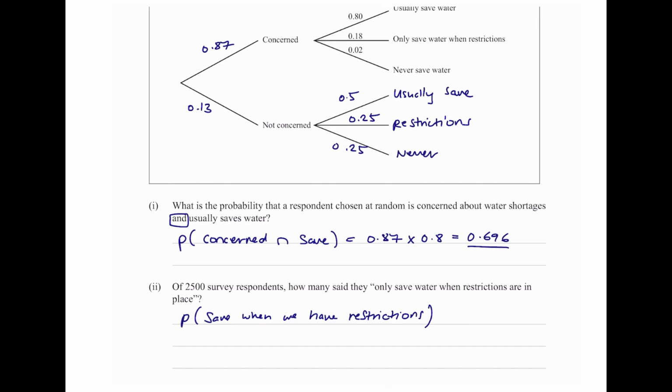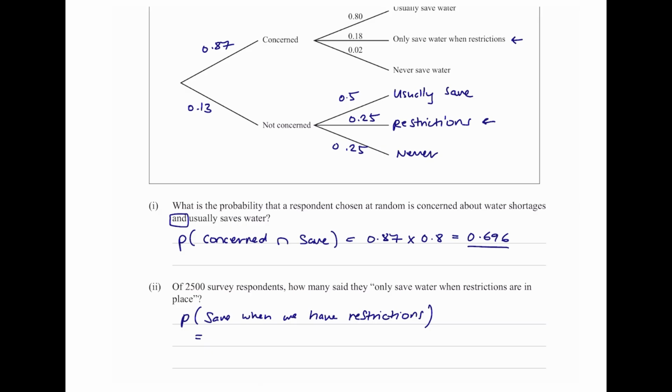We actually only care about this here and this here. So how do we work that out? We have to go across each branch and calculate that probability each time that we see restrictions, and then we add them together, because we want to find the total probability.